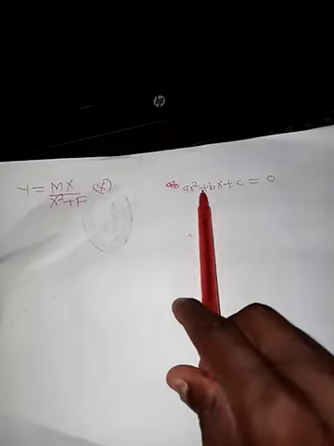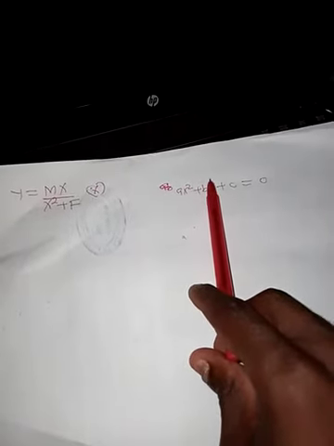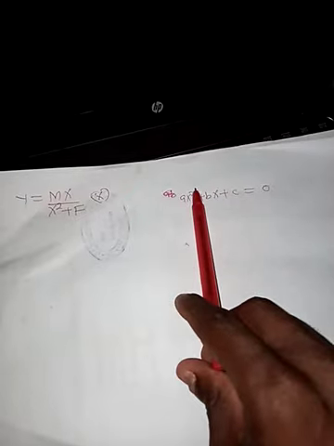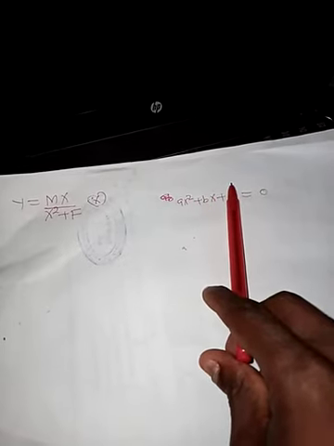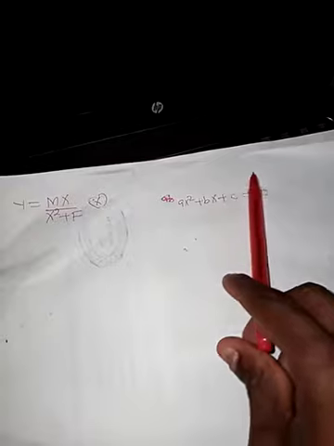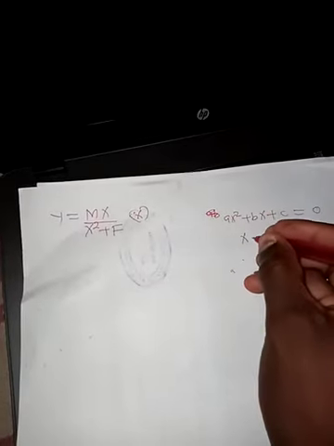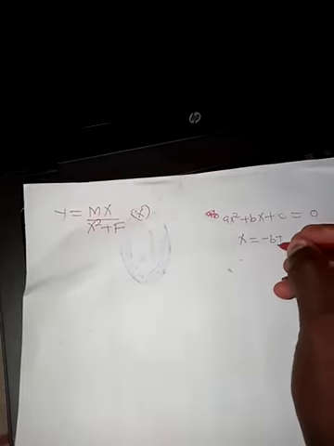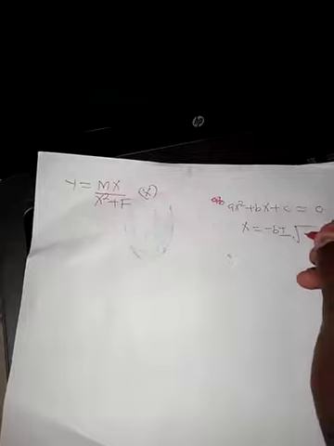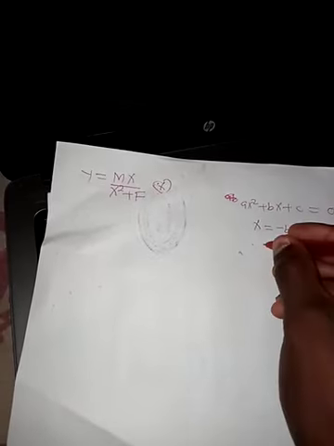In this equation, when we make x the subject of the formula, you realize that we are going to form a quadratic equation, that is the quadratic formula for solving quadratic equations, where the general answer will be x is equal to negative b plus or minus the square root of b squared minus 4ac over 2a.